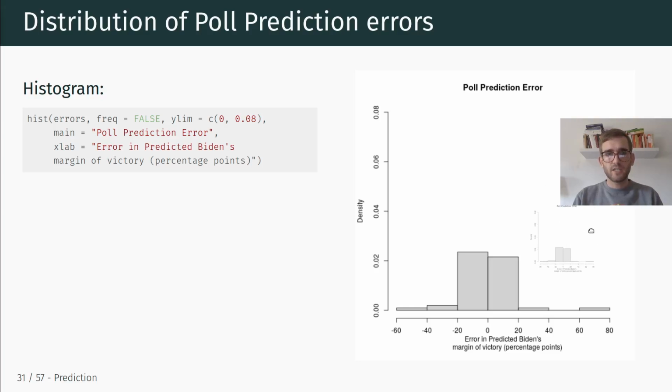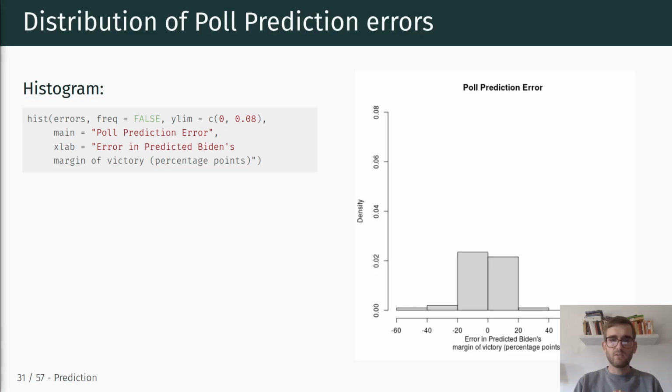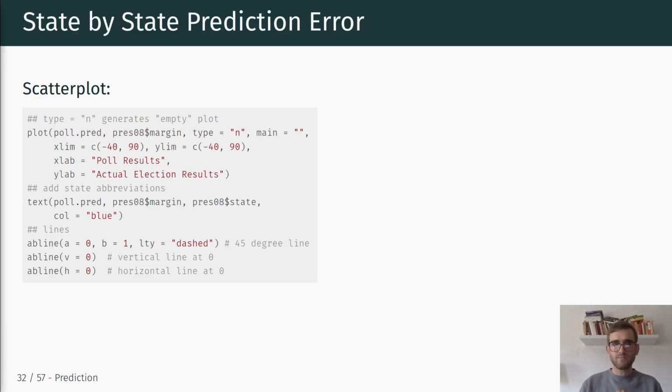Of course, there's a reason why that is the case. To examine why we have these extremely large deviations, we can look at a state-by-state prediction error.